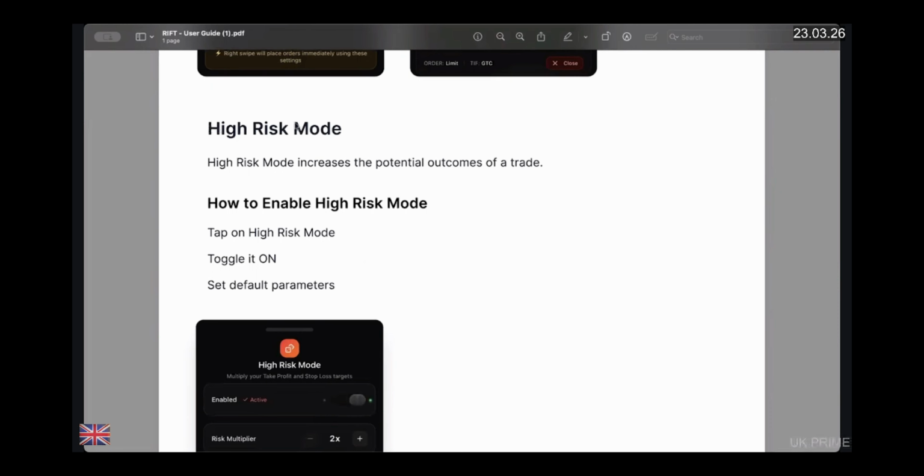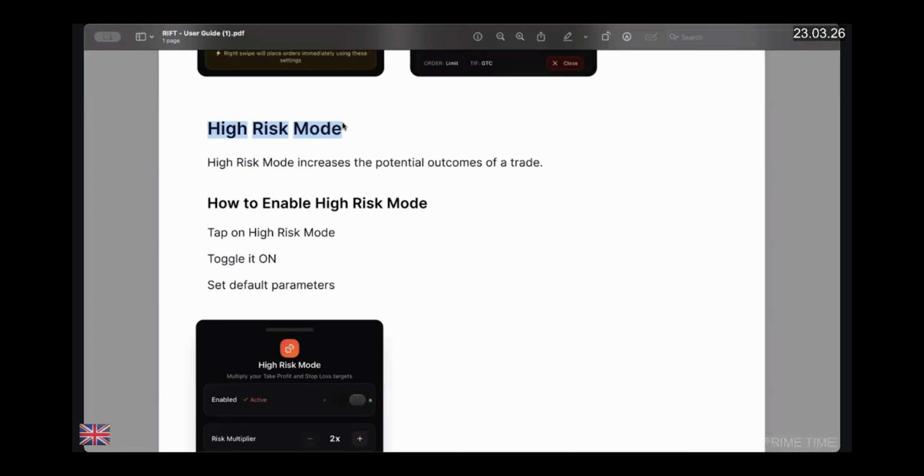And then there is a high risk mode that also changes the behavior of the profit opportunities, the opportunity cards that you see. So you can customize further by enabling high risk mode and changing the risk behavior of your trade, your strategy, while multiplying the risk on different multiples.